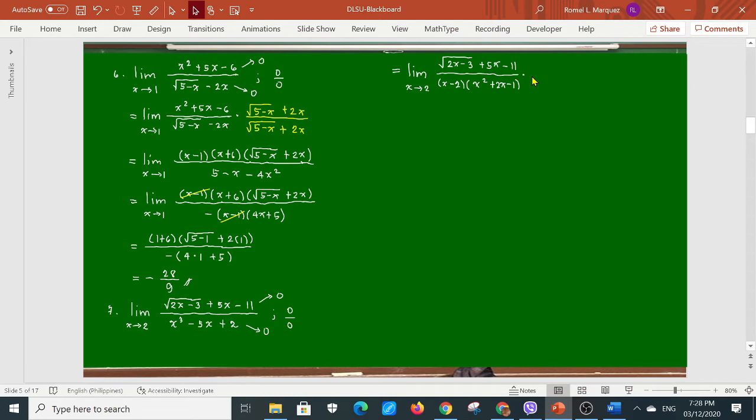What is our multiplier, guys? How to rationalize the numerator? Anong pang-multiply natin? Conjugate third, no? Or conjugate nito. Anong conjugate niyan, guys?